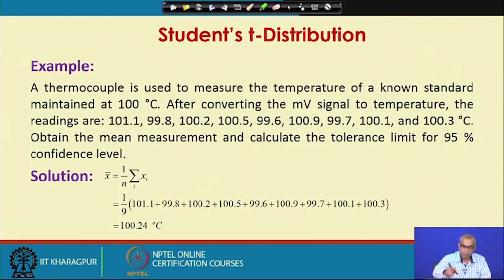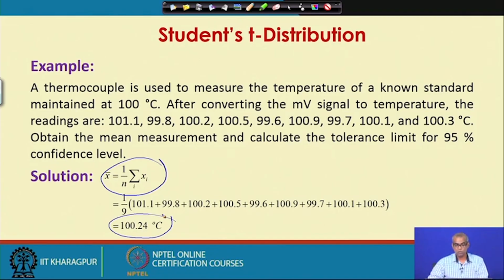So, the mean can be computed in a straightforward manner from this equation, and it happens to be 100.24 degrees Celsius. So, this is the mean of the measurements.